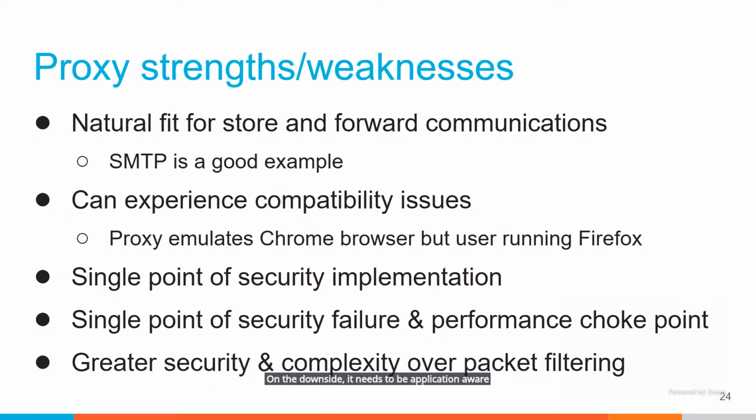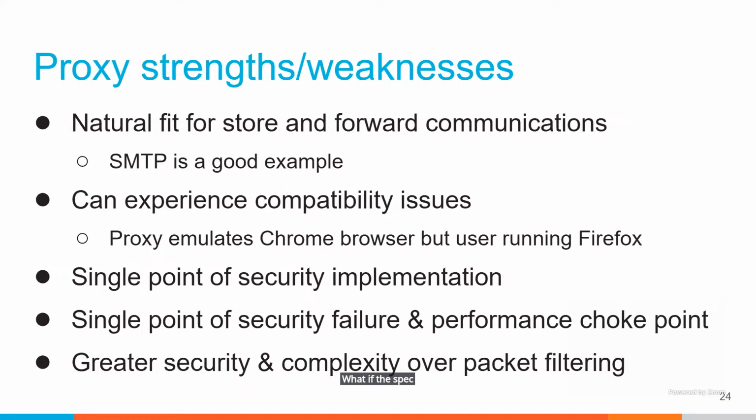And if it's not aware of your application and how it functions, it's not going to be able to let it through. You're also more likely to run into a problem, right? With a packet filter, I'm just blowing open a hole through TCP/80, TCP/443 in order to be able to support web activity. But with a proxy, it needs to be aware of the application. What if the spec changes, right?